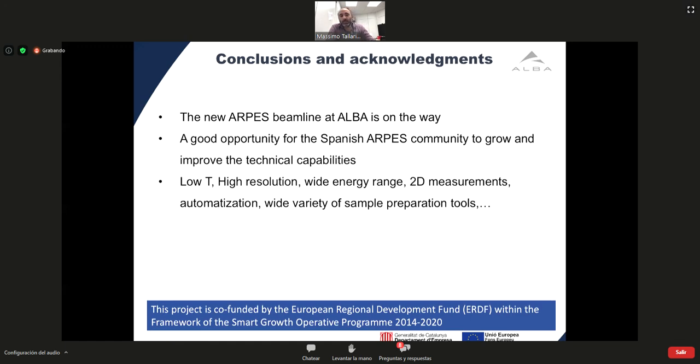We will work at low temperature with high resolution in a wide energy range, and we can make 2D measurements. What I didn't mention is the automatization. We are trying to optimize as much as possible the automatization to make the measurement easier also for groups with less experience. We have a lot of sample preparation tools.